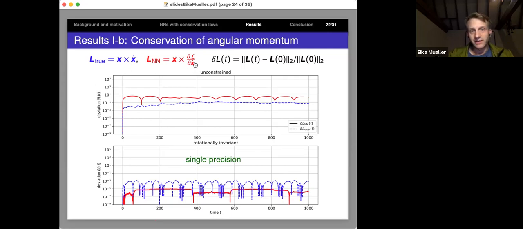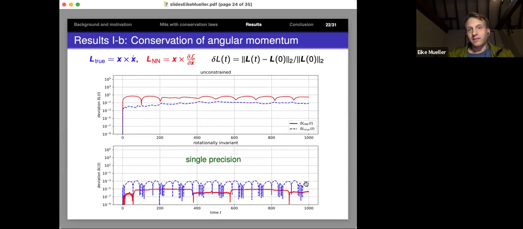That shows that the neural network really conserves this quantity, up to rounding errors, of course. That's nice, but really we want to conserve this quantity here. And if you look at the curve here, you see that the true angular momentum is also conserved much better. The error is 10 to the minus 3, and it doesn't really go above that.